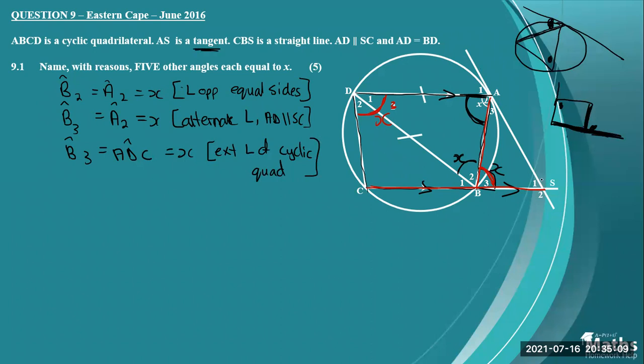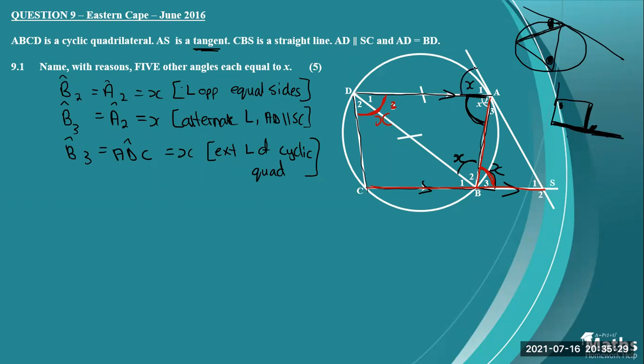So because AS is a tangent, let's see which one will be equal to which one. If you look at this triangle, then that X will be equal to A1. Let's make sure you see it.